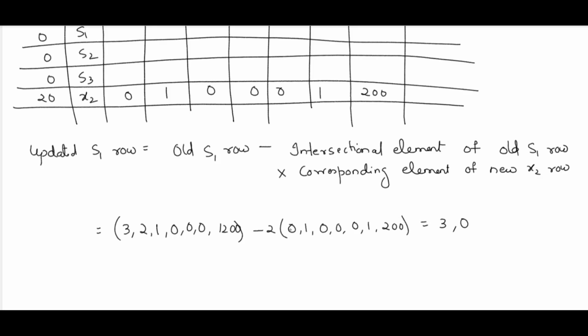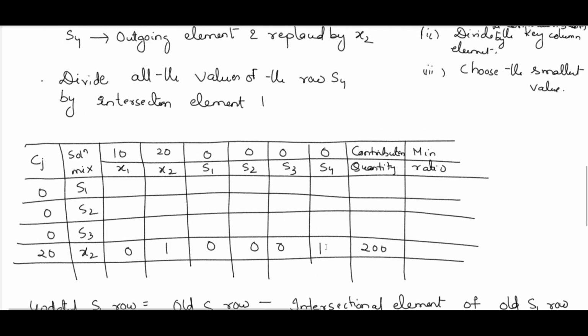Similarly, 1 minus 0 is 1. Likewise, you will get this much. 1200 minus 400 is 800. Now we put it all here: 3, 0, 1, 0, 0, minus 2, 800. We have put it like this.